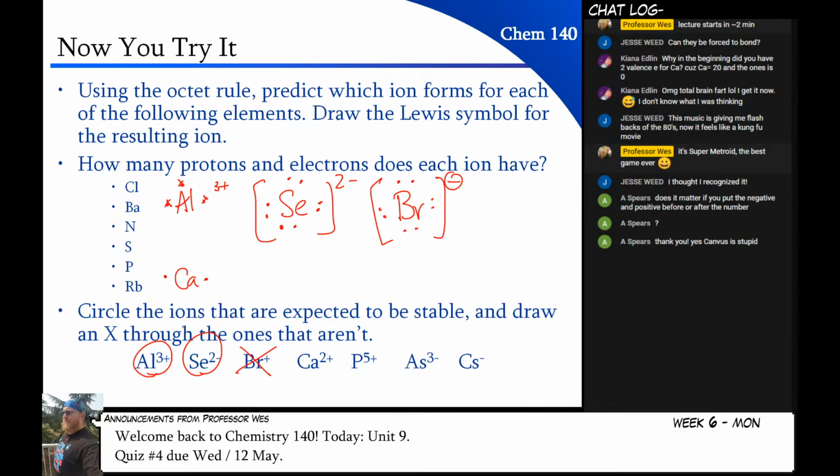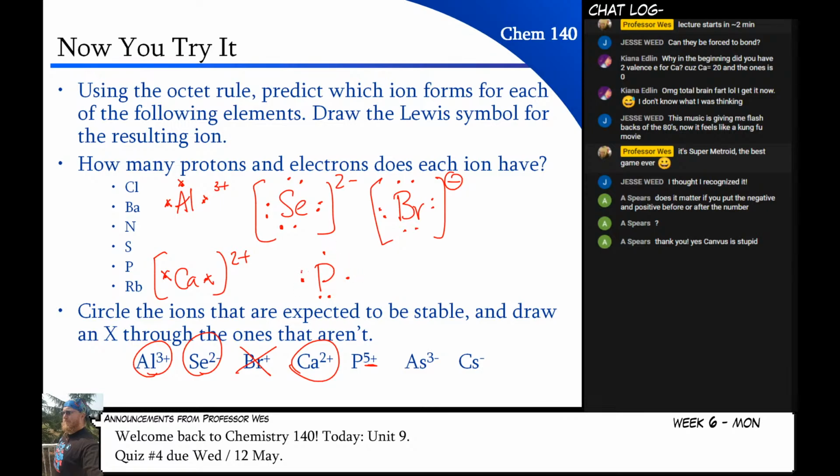Here's calcium. I'm going to get rid of its electrons to make it an ion. Hey, that worked out. Here's phosphorus. Phosphorus already has 5 electrons. And you can probably see what it's trying to do here in this tricky question. You would say, oh, I'll just get rid of all 5.